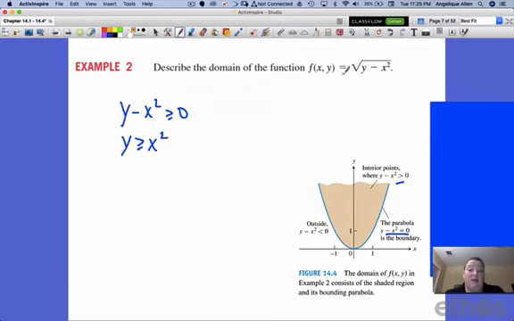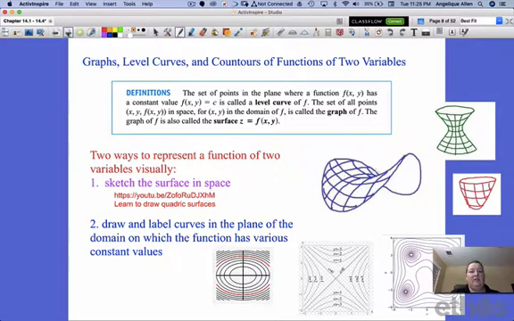Now, is that domain bounded or not? Because the top side has no boundary, this would be an unbounded domain. So it is infinite, but it is not all of R2. Not the entire xy plane, but an infinite portion of it. That's all that really goes into that question. You might think it's more, but it's not.